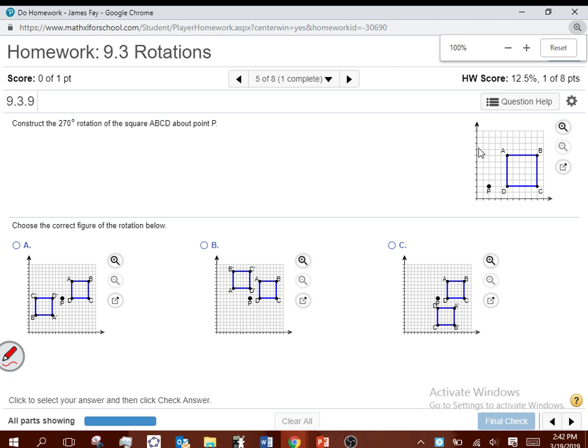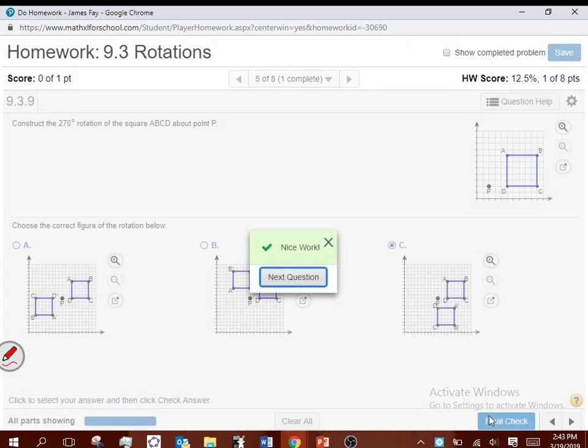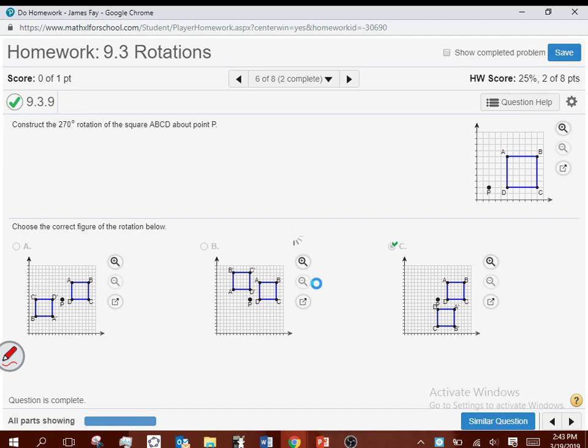Well, that's probably not going to give me this picture here. 270 is not going to give me that picture there. This kind of looks like maybe 180, right? So just guessing, I can probably get the right answer. I'm going to venture to say some of us were able to do that, right? Or maybe I guess wrong and hit similar exercise until I guess right.